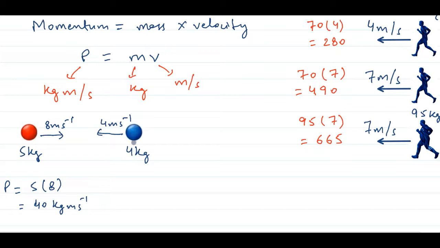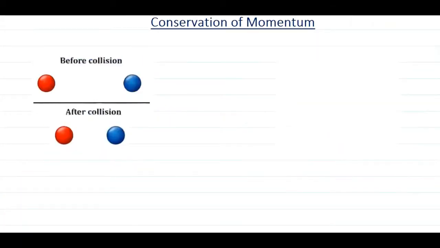So the momentum for the second ball is going to be calculated like this. Momentum is equal to 4 multiplied with minus 4, which is going to give you minus 16 kilograms meters per second. So remember, momentum is a vector quantity. Now, once we're done with the basics of momentum, there's another concept, and that is called conservation of momentum.